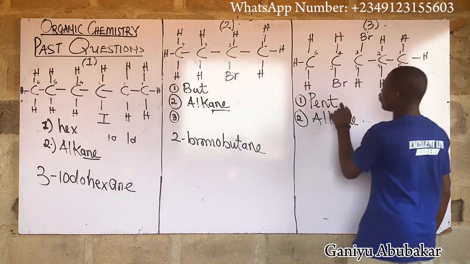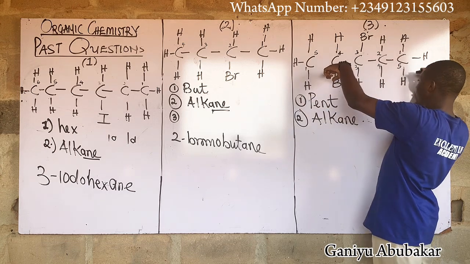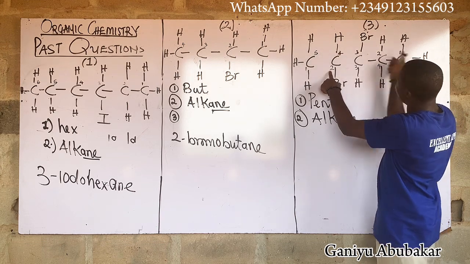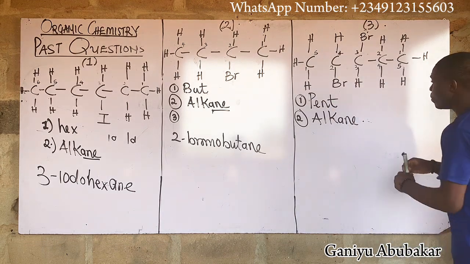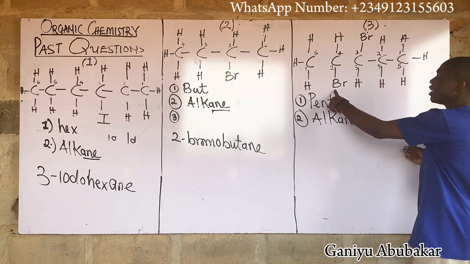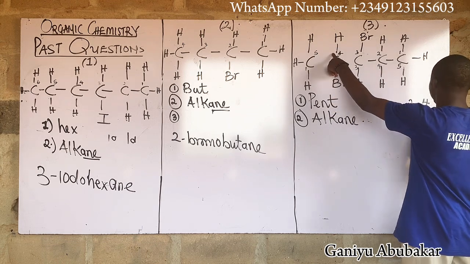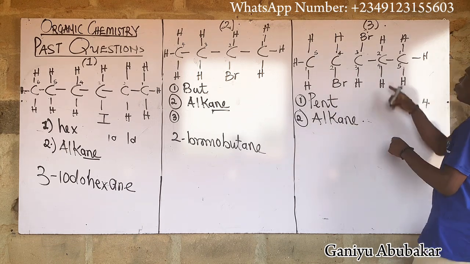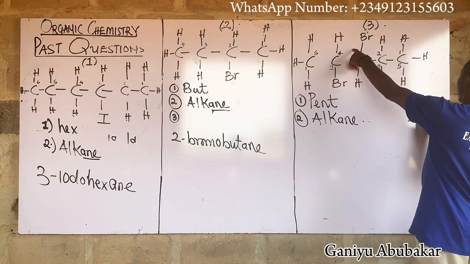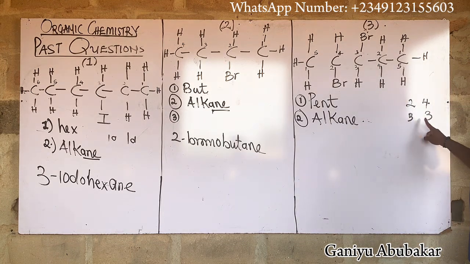Now, in between upper numbering and lower numbering, which one will I go with exactly? Look at it. Bromine here is attached to carbon 2 using upper numbering. Bromine here is attached to carbon 4 using lower numbering. The first bromine is attached to carbon 2 and carbon 4, and the second bromine is attached to carbon 3 and carbon 3.